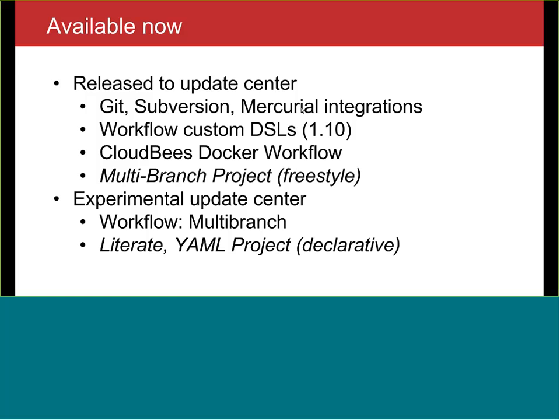And YAML Project plugin allows you to give different kinds of build steps in a YAML configuration file. So those also have the benefit of picking up definition from source control, although they don't have some of the flexibility of workflow and the ability to have long-running builds and things like this.